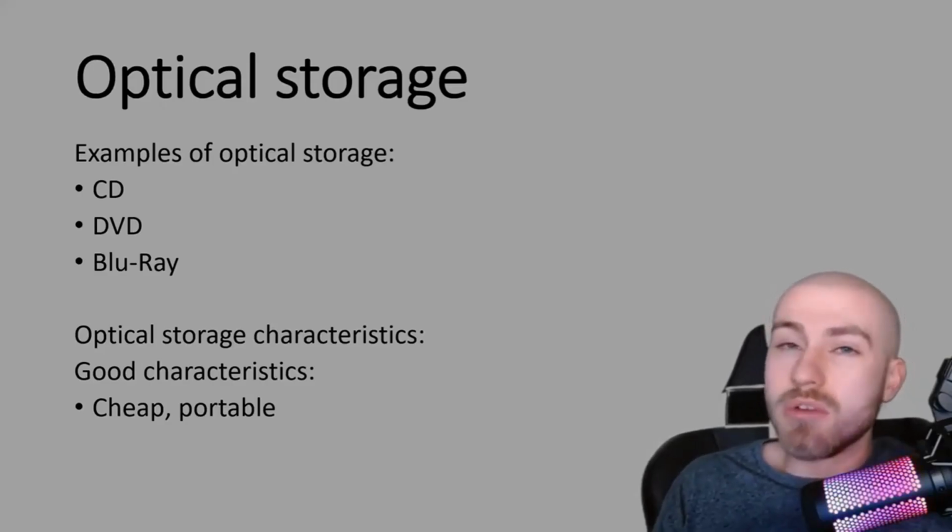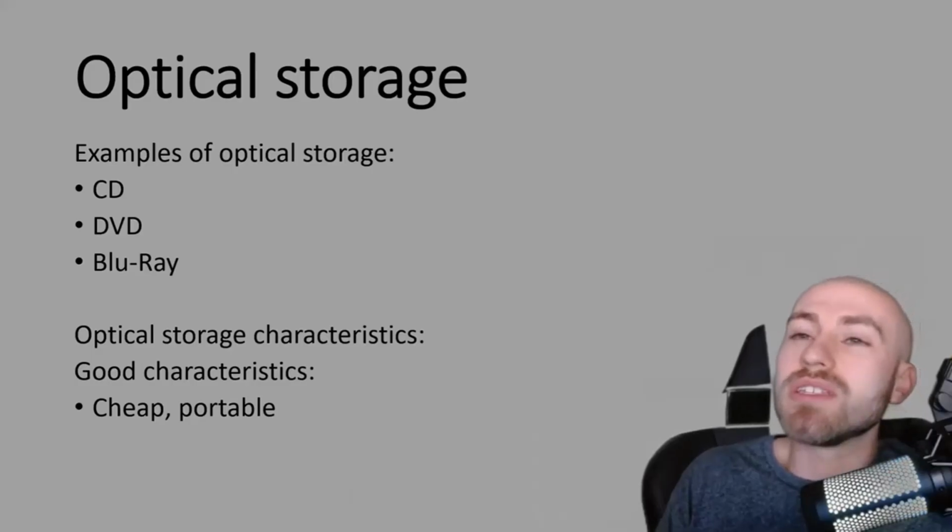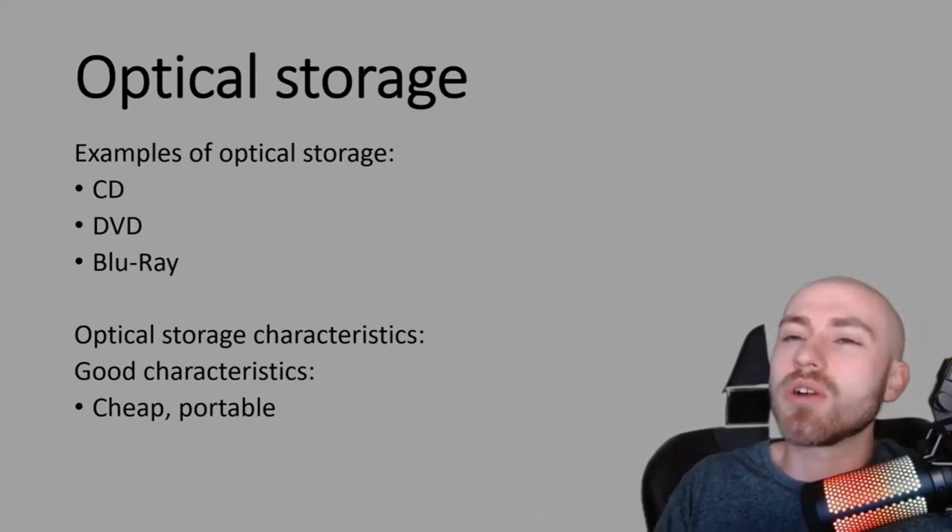Also, it's portable. There was an exam question a long time ago now, and it was talking about which storage device would be the most suitable to go on the front of a magazine, and the answer was optical storage, and that was because it's portable, it's flat, and it's cheap as well. So those are some of the reasons why you would choose optical storage.